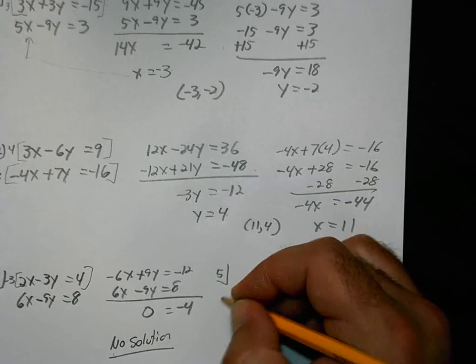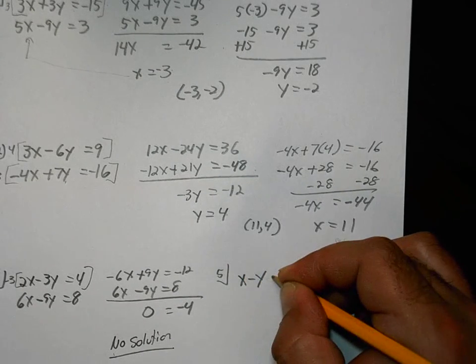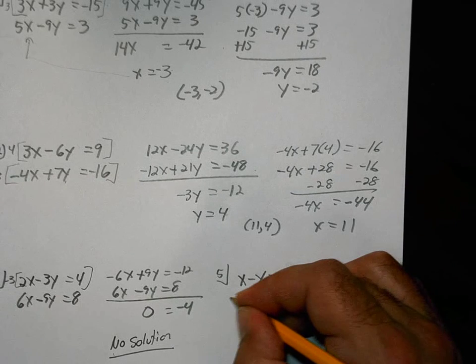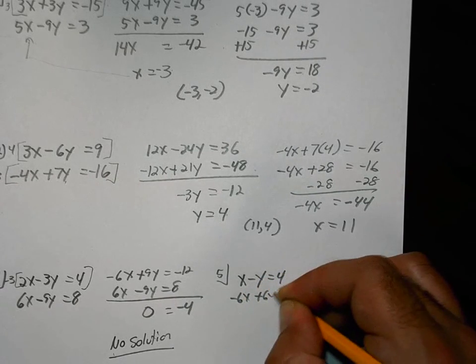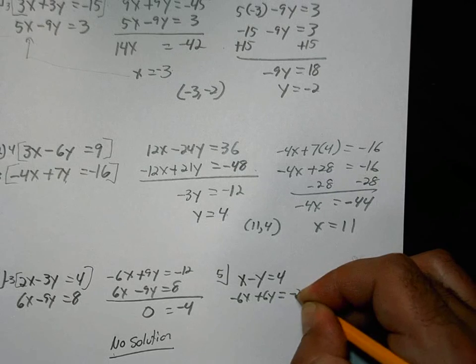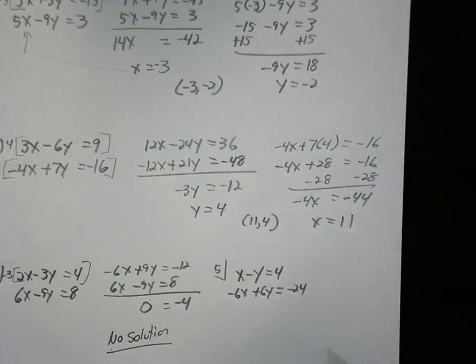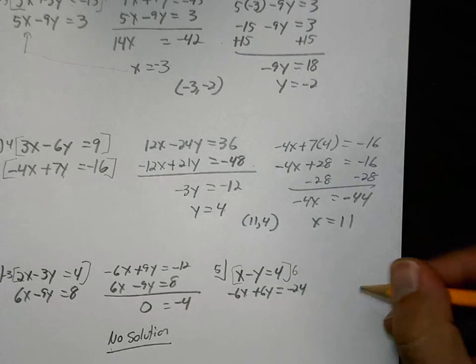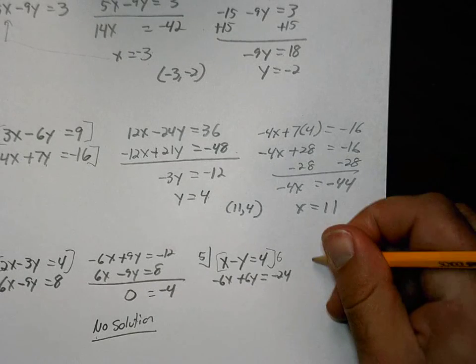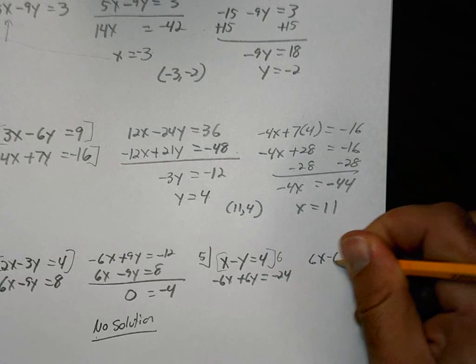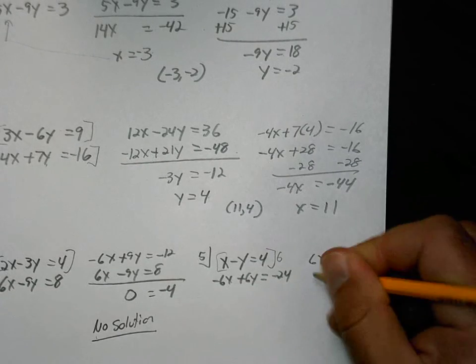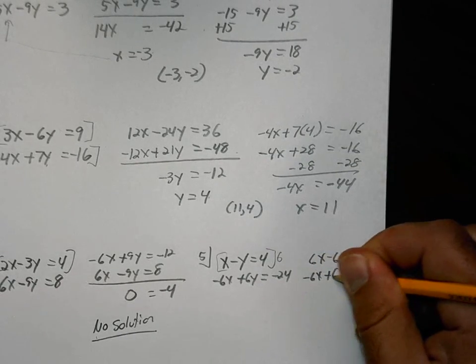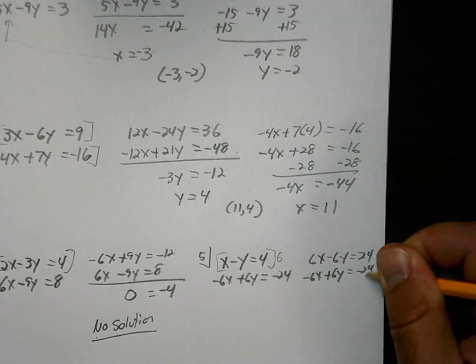Okay, and then finally, if I have something like this and I multiply the top equation by 6, I get 6x minus 6y equals 24, plus 6y equals -24.